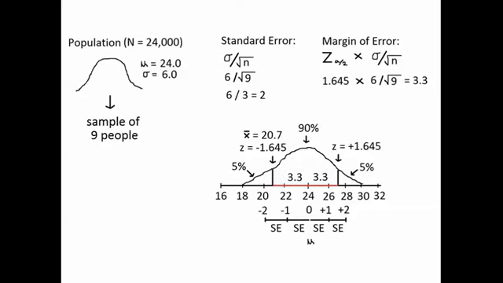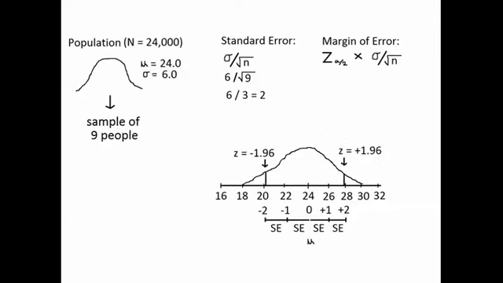And if I calculated the 95% margin of error using this confidence coefficient of 1.96, the 95% margin of error would also be fairly small. So this is saying I have a 95% chance of getting a sample mean within 3.9 of the population mean in this study over here.